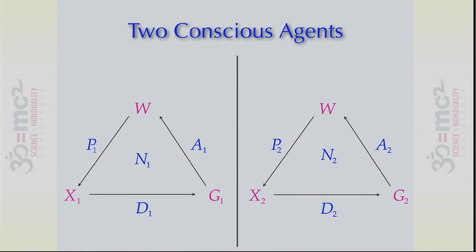So we can talk about two conscious agents, 1 and 2, and here I've written their structures. So the world, the perceptual map, the experiences, the decision map, the actions, and then the action map, and the experience counter for each agent. Why is there more than one agent?